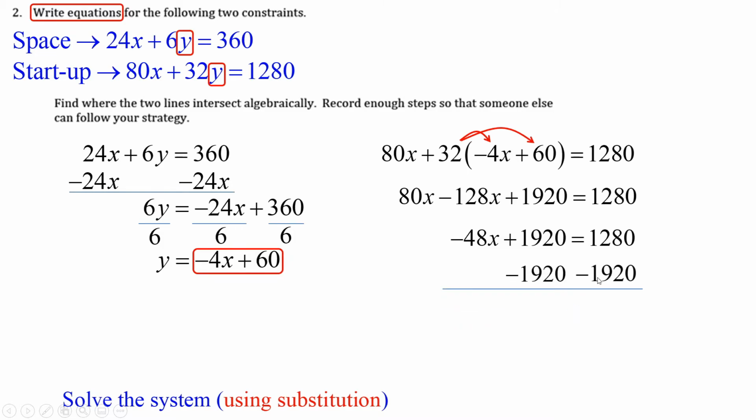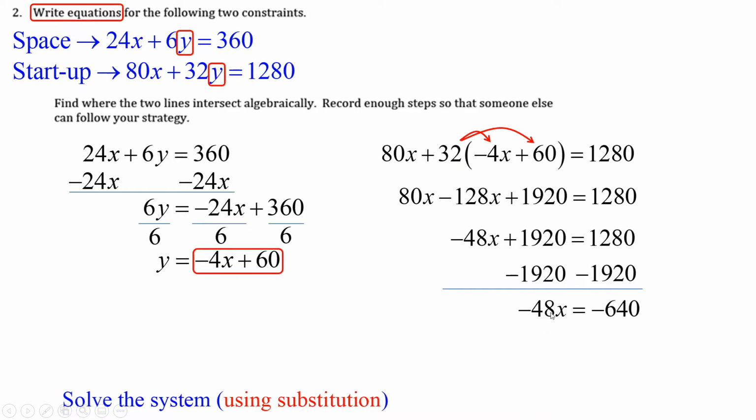Subtract 1,920 from both sides, leaving us negative 48x equals 1,280 minus 1920. Let me punch that out on my calculator too. 1,280 minus 1,920, and I'm getting negative 640.